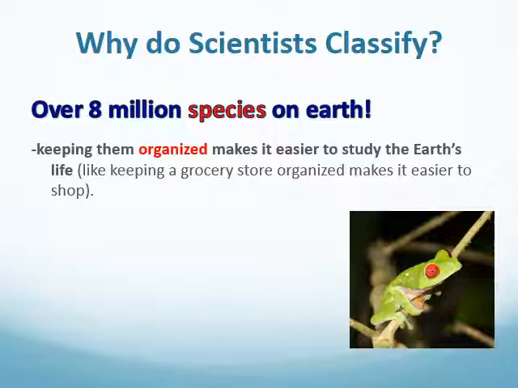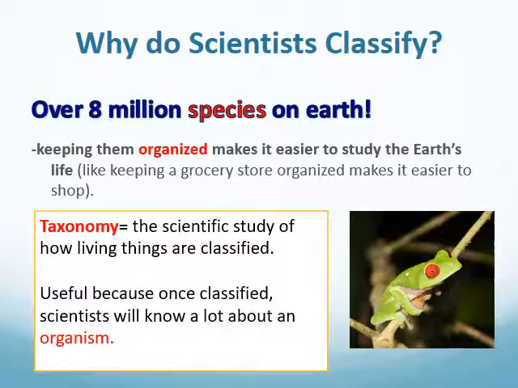You know where everything is. So we want to make everything easier. The way we do that is with the study of taxonomy, which is the scientific study of how living things are classified. Okay, so that's taxonomy. And that's useful because once it's classified, a scientist can learn a lot about that organism.